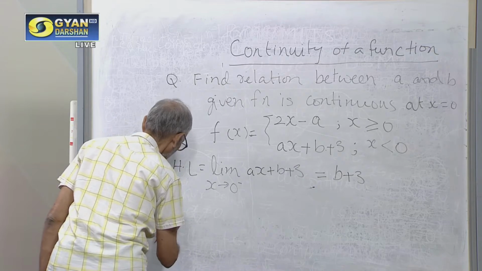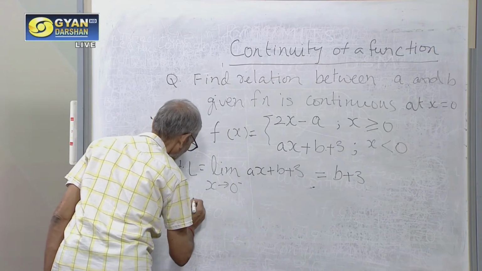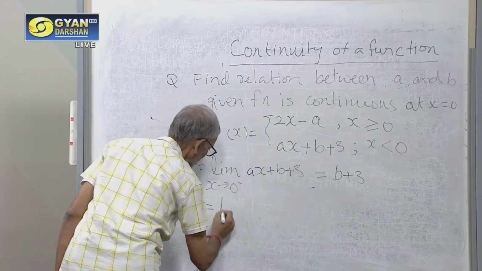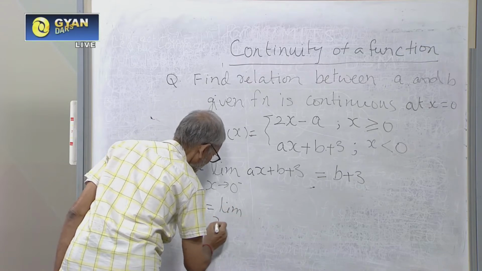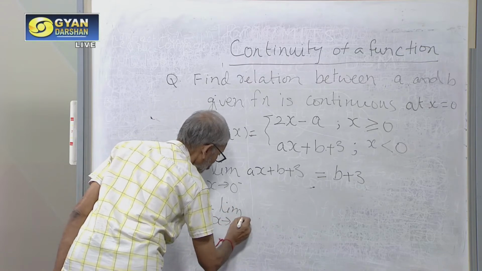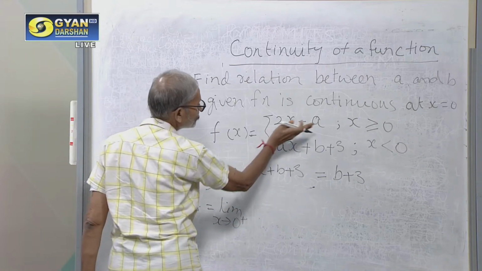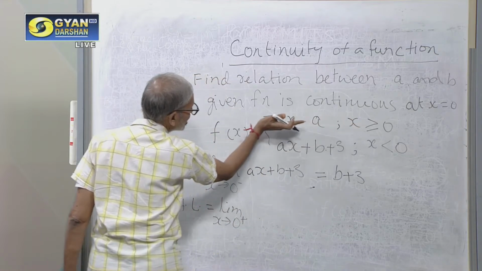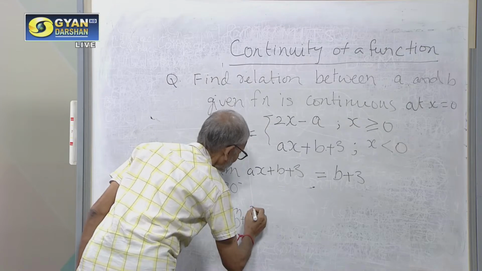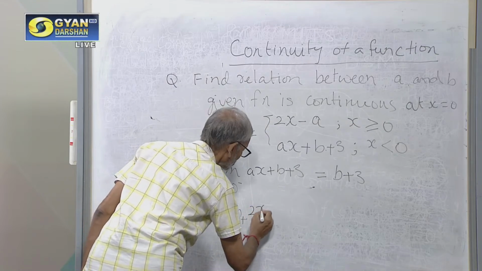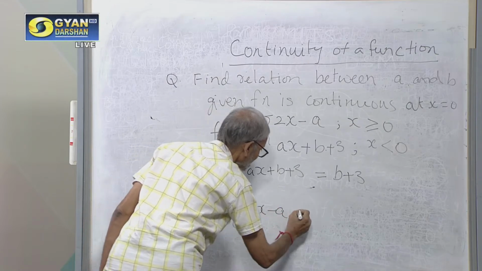Now, if I take the right hand limit, x tends to 0 plus, so this is more than 0. So, the first case will be applicable. It will be equal to 2x minus a.